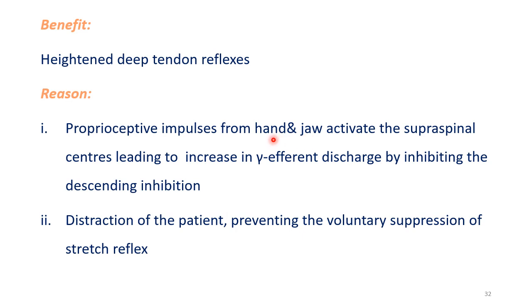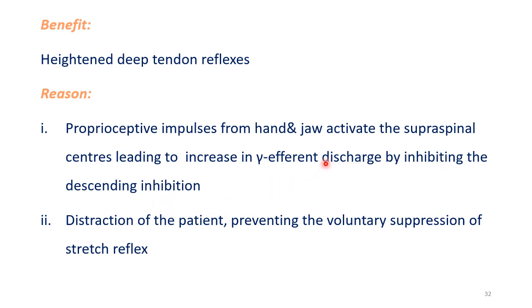The proprioceptive impulses will go from your hand and also from the jaw to the spinal cord and activate the supraspinal centers, which means the neurons in the upper spinal cord, which in turn will lead to an increase in gamma efferent discharge. How? By inhibiting the descending inhibition.